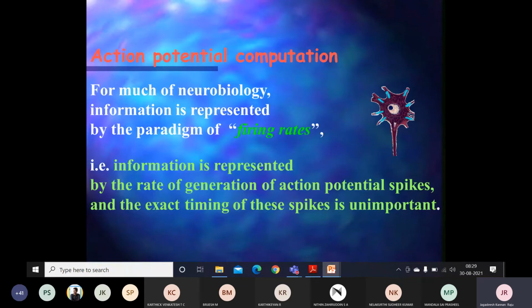That is, the information is represented by the rate of generation of action potential spikes, and the exact timing of the spikes is unimportant. When it fires is not important for me, but whether that particular neuron is taking part in the firing process is important.